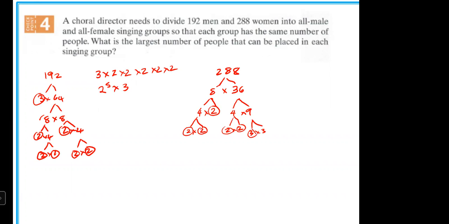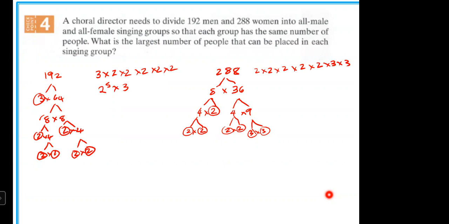Okay, so 288 would be equal to 2 times 2 times 2 times 2 times 2 times 3 times 3.